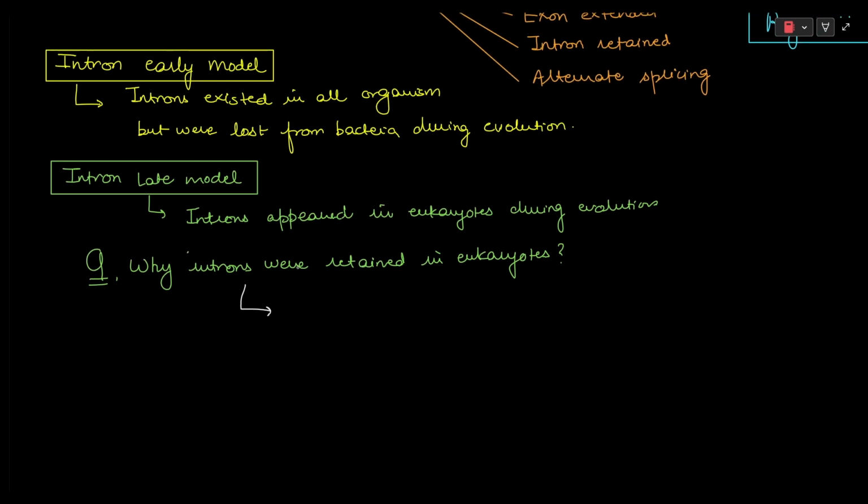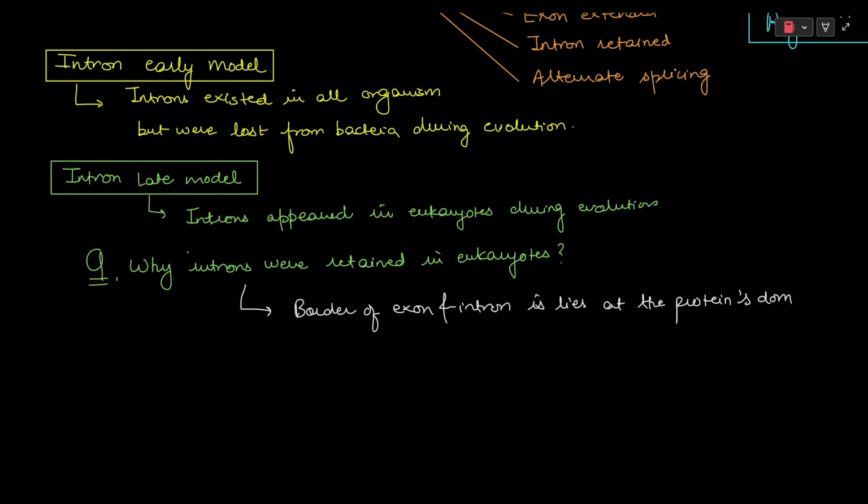The first argument which supports this theory is that the border of exon and intron usually lies at the boundaries of protein domains. I hope you know about protein domains.